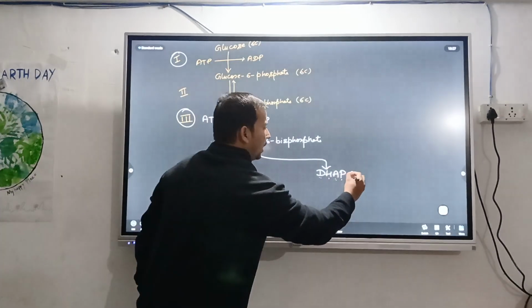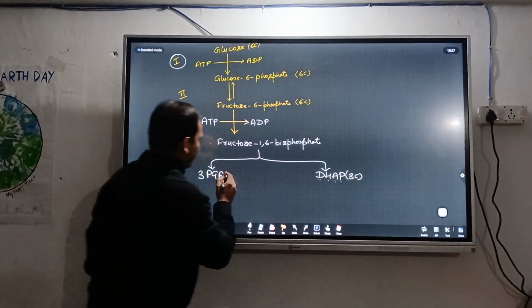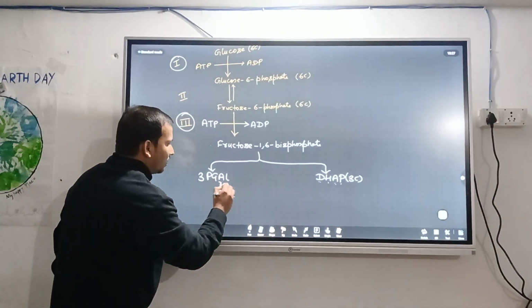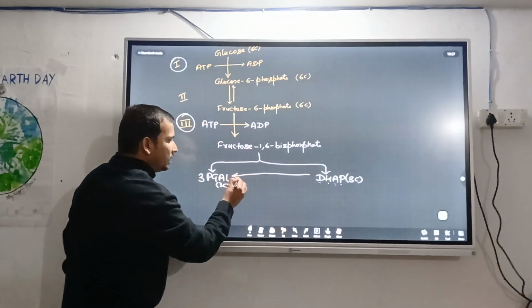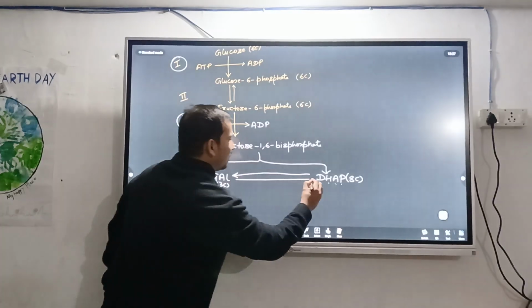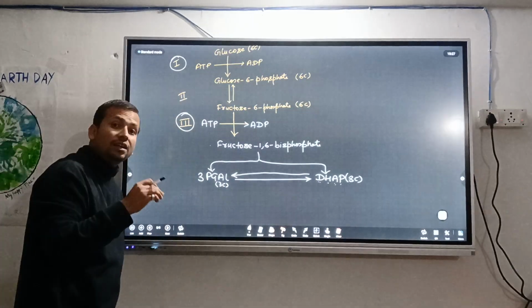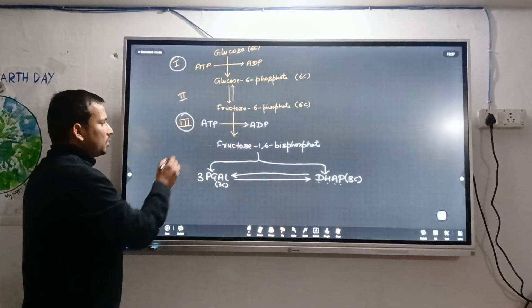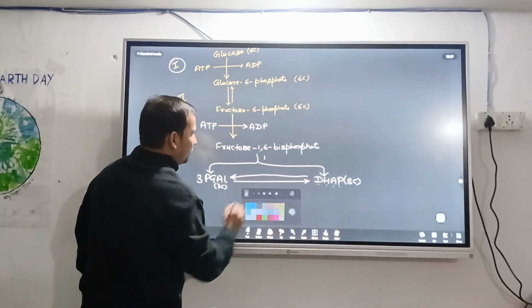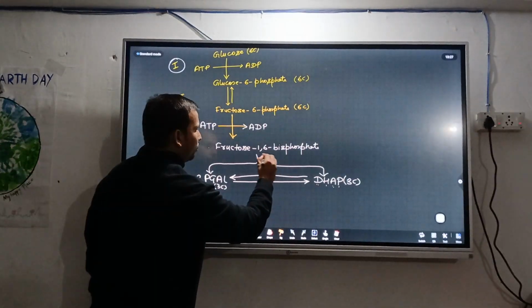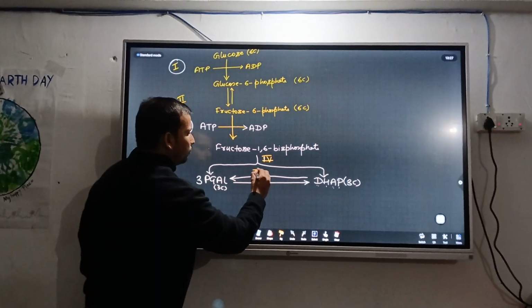This is also 3 carbon, and this is also 3 carbon. These reactions are reversible. This is the fourth step, and now this is the fifth step.